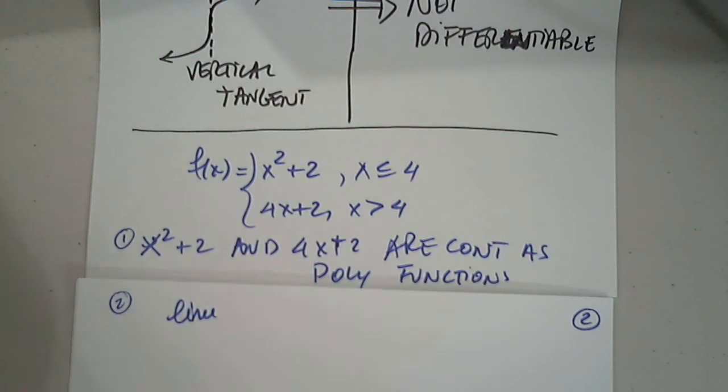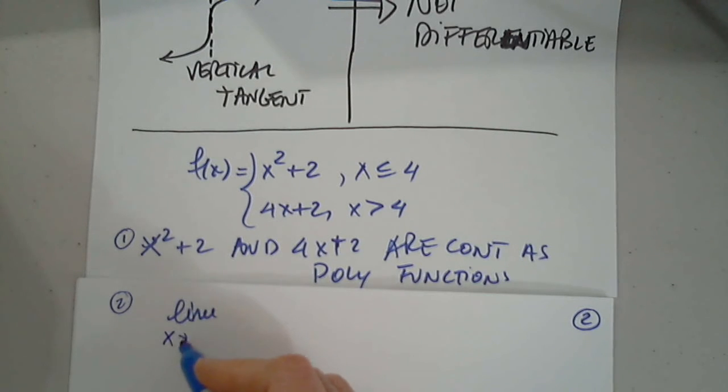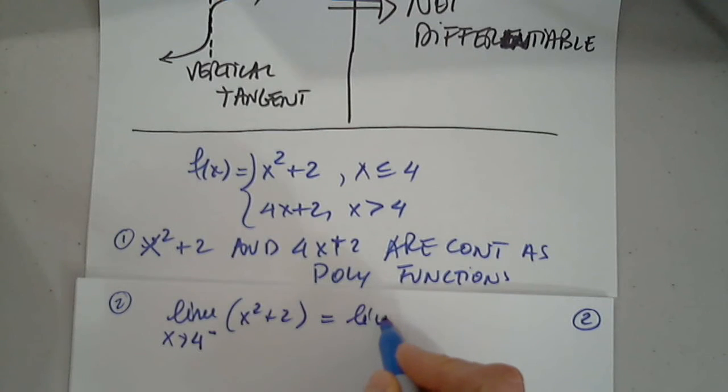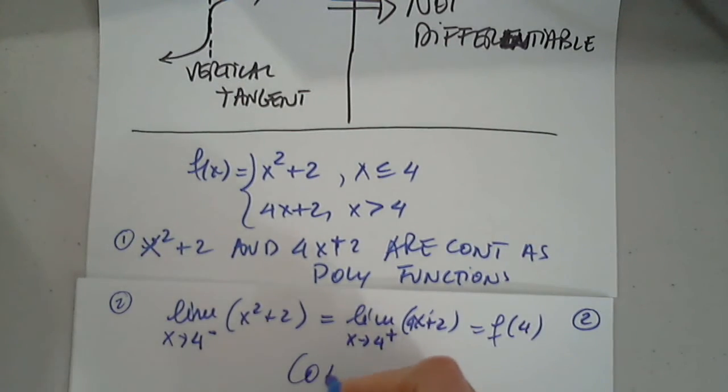Now, I'm discussing continuity at 4. The limit as x approaches 4 from the left of x squared plus 2 must equal the limit of 4x plus 2 as x approaches 4 from the right, and must equal f of 4, for continuity at x equals 4.